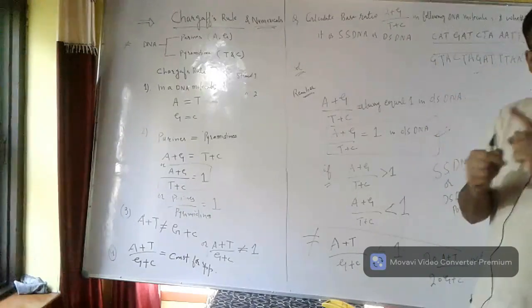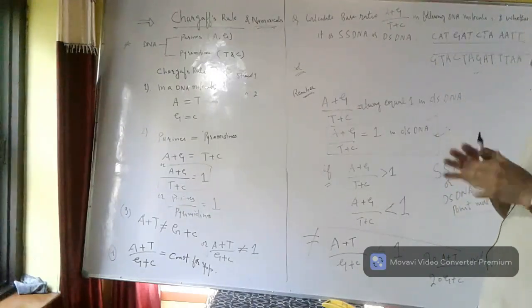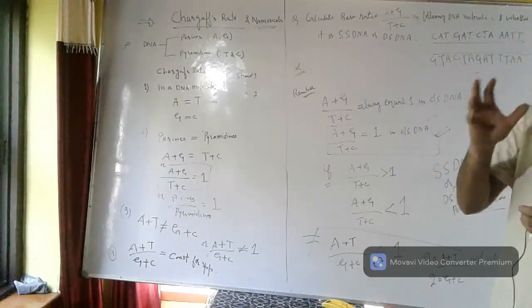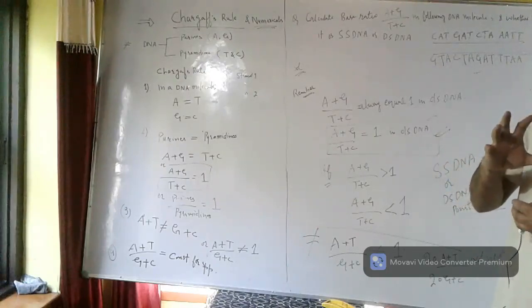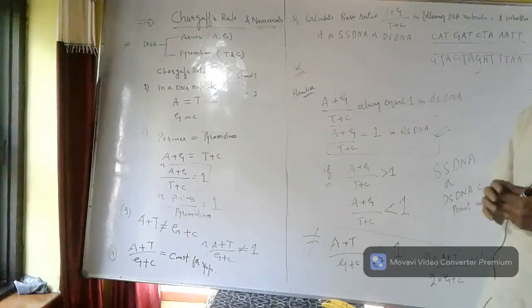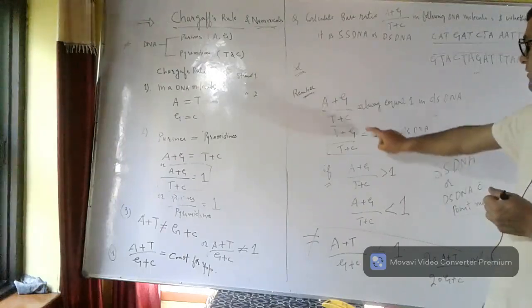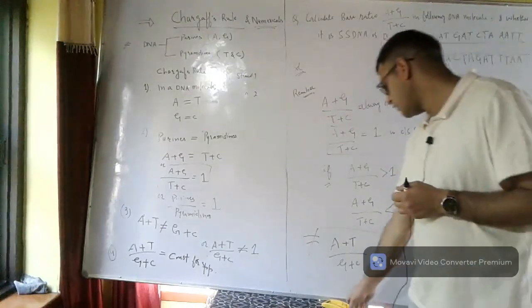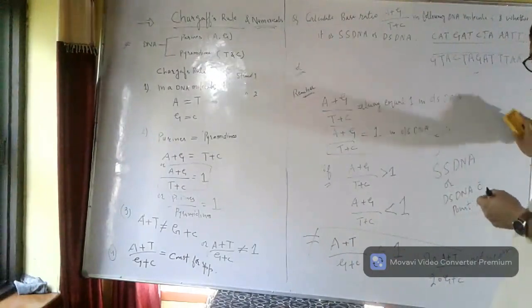But the number of purines and pyrimidines is always equal. That means adenine plus guanine by thymine plus cytosine is always equal to 1. So we'll do this numerical.